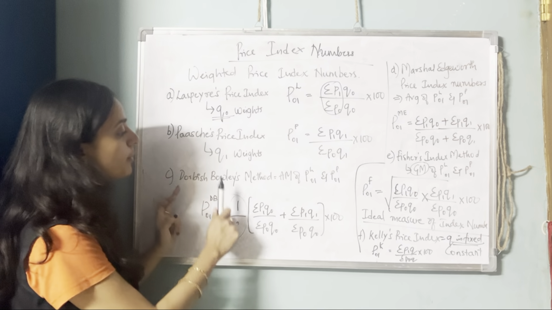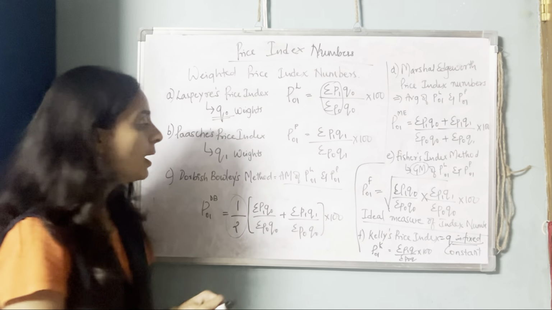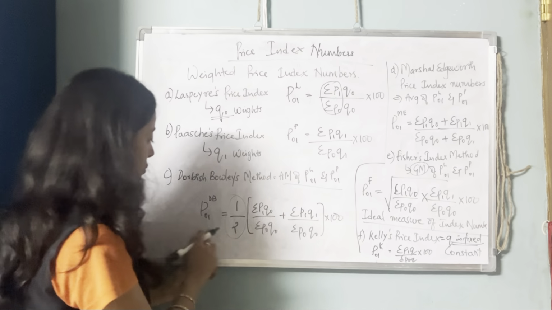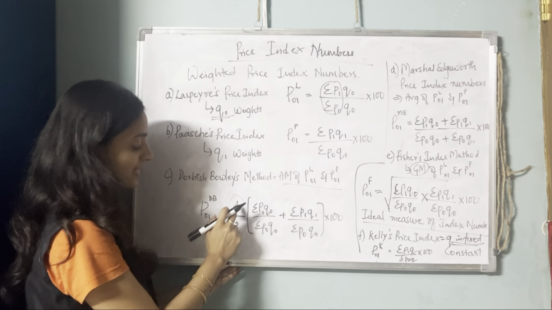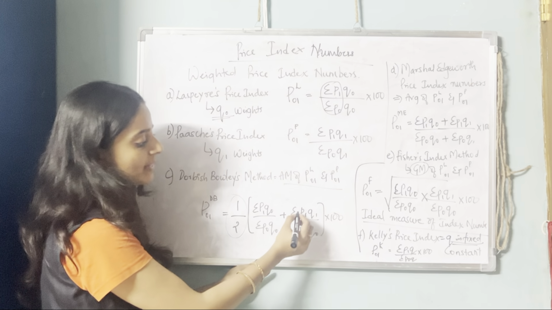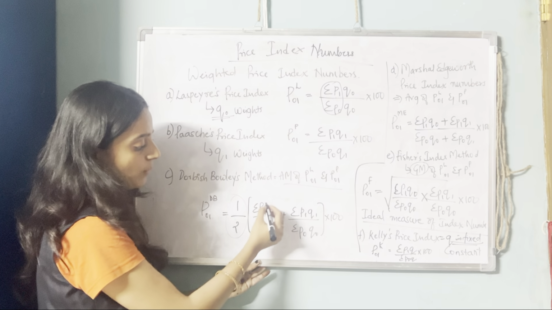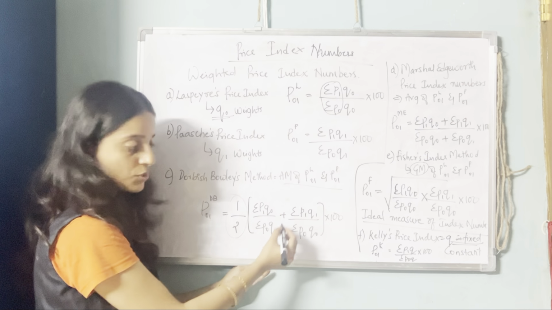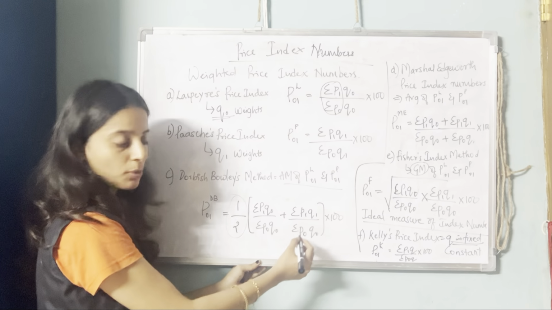Next is Dorbish-Bowley's method, which considers the arithmetic mean of Laspeyres' and Paasche's. So the price index of Dorbish-Bowley's is equal to 1 by 2 of summation P1Q0 by summation P0Q0 plus summation P1Q1 by summation P0Q1, into 100.